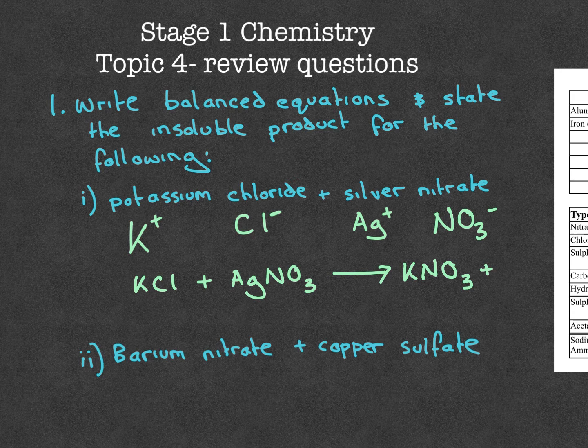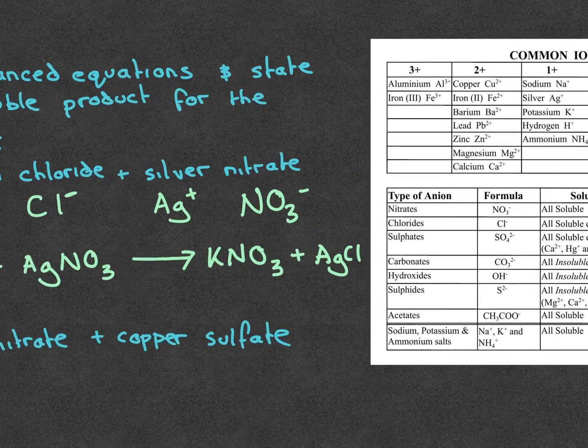We're going to have silver chloride. Okay, so now we've got to make sure that everything's balanced, and because we only needed one of each, they're all +1 or -1 ions, everything is balanced straight away.